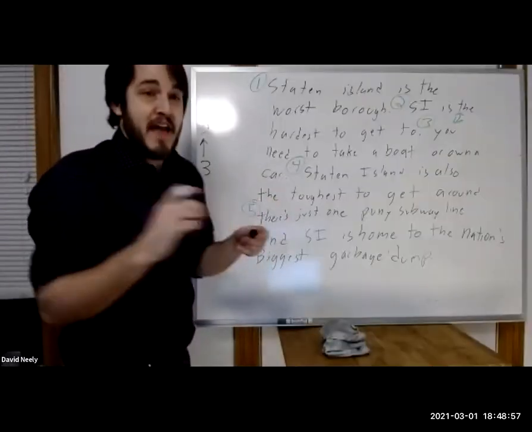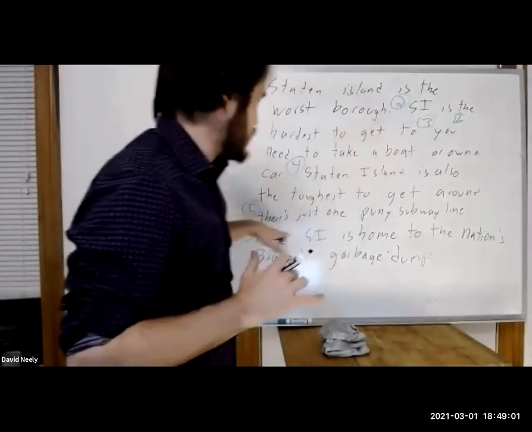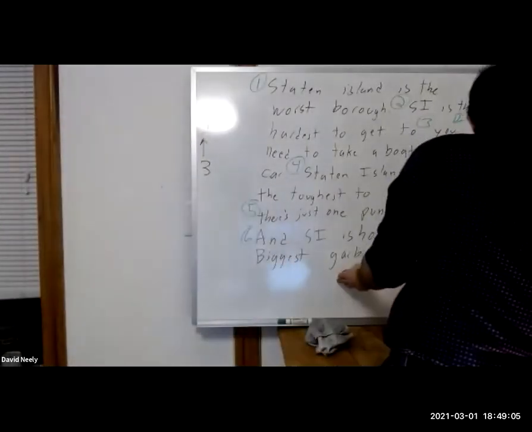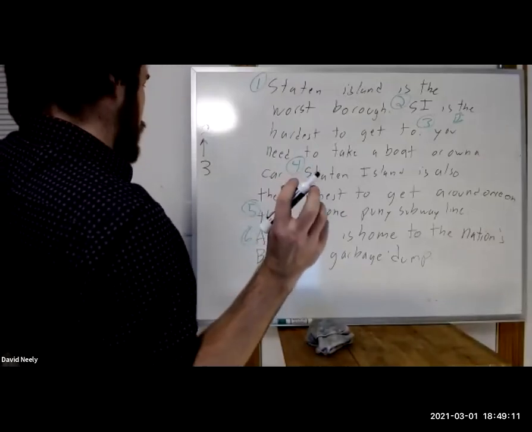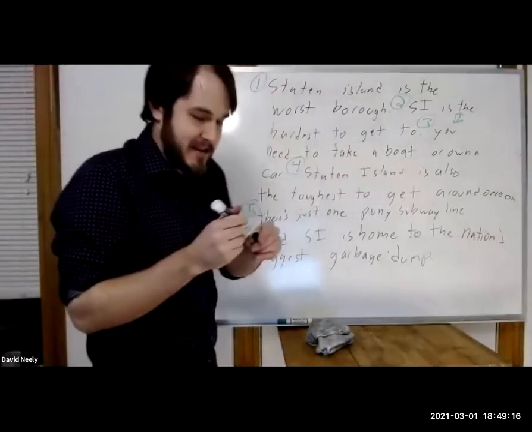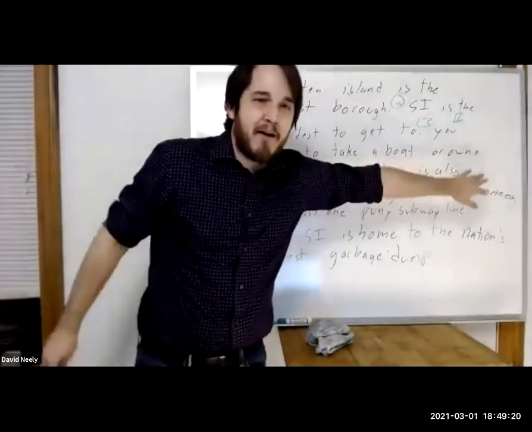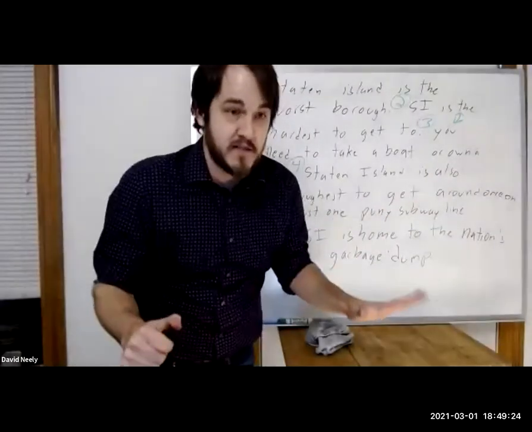So here's the thing. What I was trying to say is Staten Island is the hardest to get to, and it's also the hardest to get around once you're on it. So what you could say is we could add another premise here that would tie them together. I was trying to think of them as separate, but Antonio, you're spot on that there is kind of in the background this other thing, which is Staten Island's transportation is the worst overall.